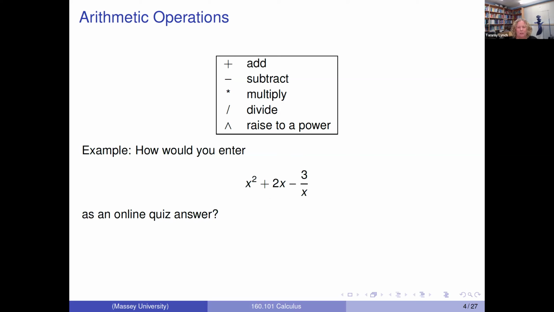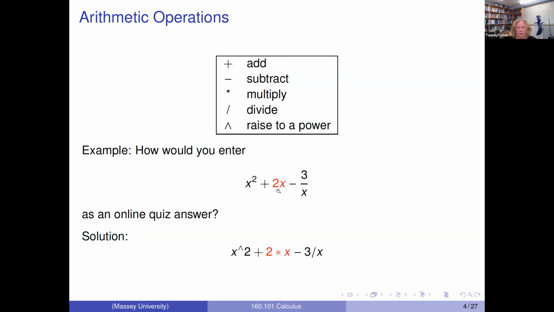So if I wanted to enter into the computer for a quiz answer, let's say, x squared plus 2x minus 3 over x, what I would need to do is think about this in each of its bits. Initially, we've got x squared, so I would enter that into the computer as x hat 2. Then I want to add, so I'm going to do my plus. Next, we want to say 2 times x.